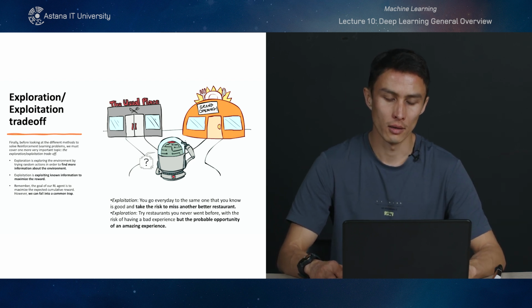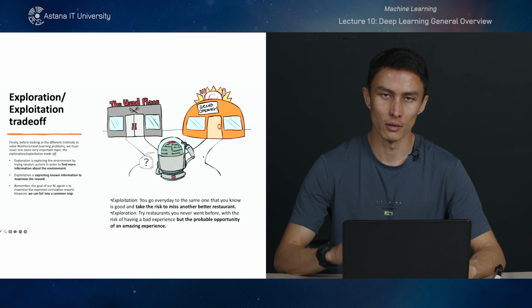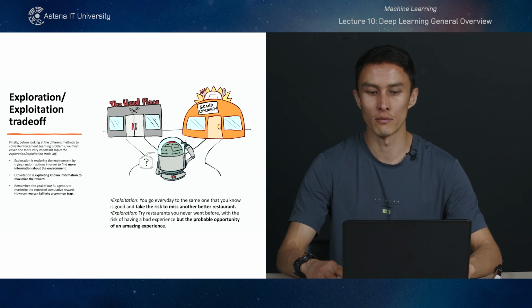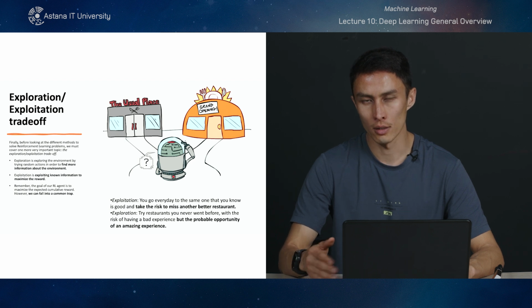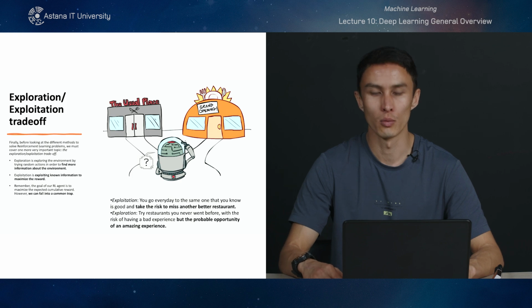That's why it's very important to define for the robot the amount of trying new things in order to explore its environment. Or it can always try to increase its instant rewards, which is similar to always visiting the known places without exploring new places.